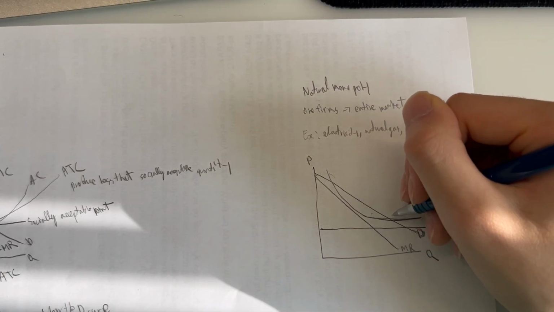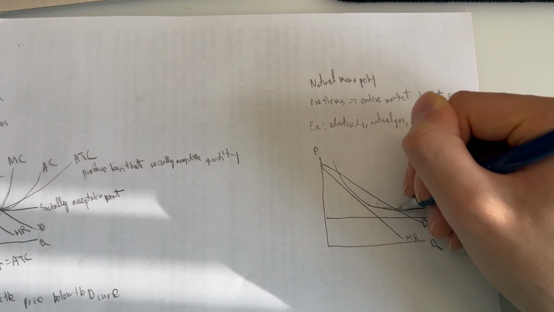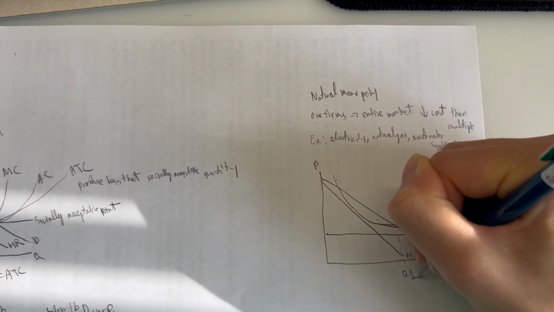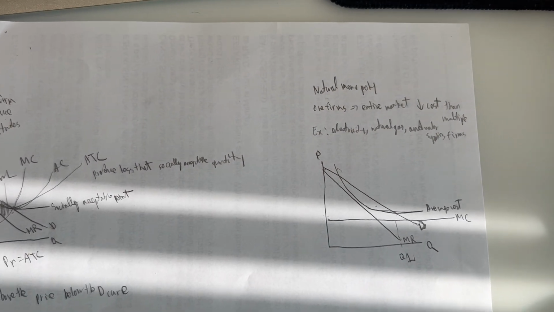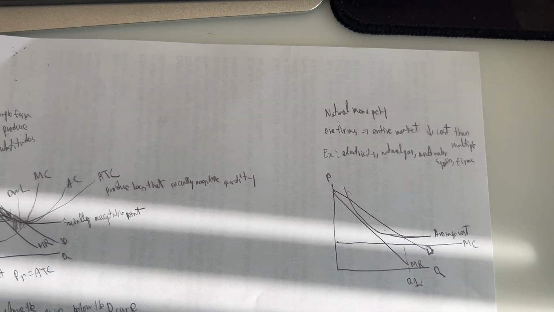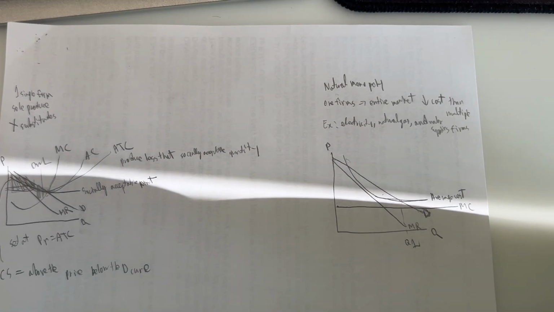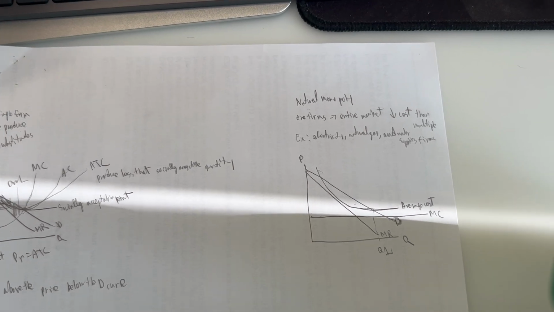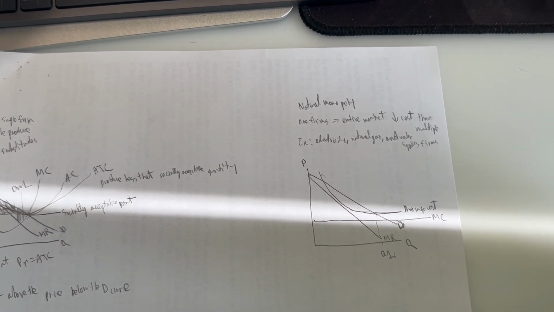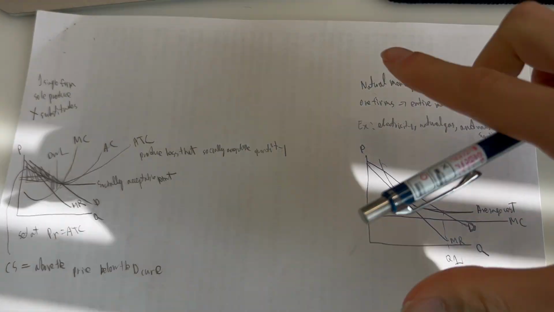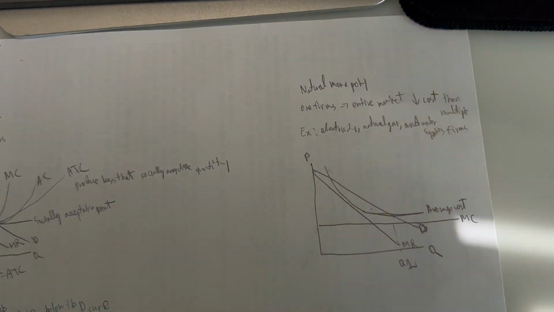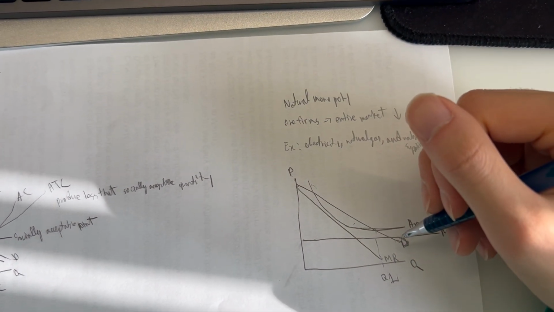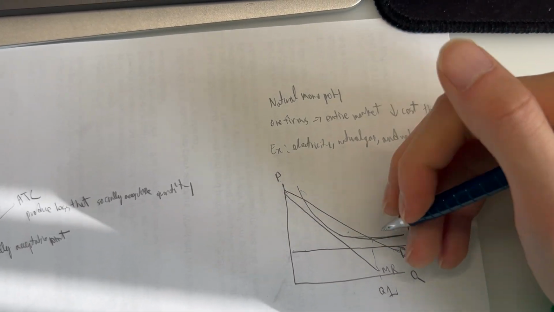So this area over here where average cost meets the demand should be Q1. And yeah, that's going to be the natural monopoly graph. Okay, we gotta label all those points. So the socially optimal price is going to be where MC equals demand, which is gonna be here.